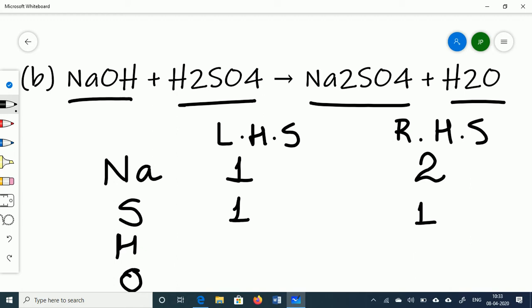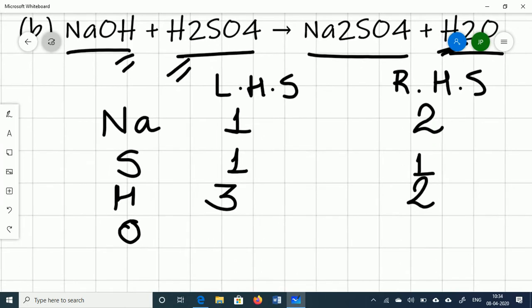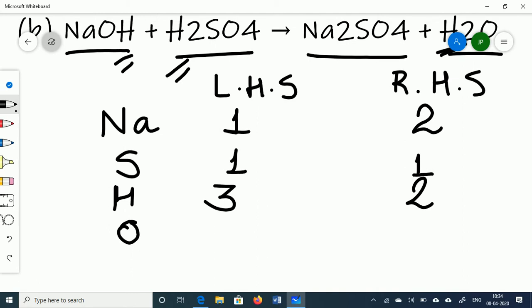Hydrogen on the left hand side is 1 plus 2, that is 3, while on the right hand side it is only 2. Oxygen on the left hand side is 1 plus 4, that is 5, while on the right hand side oxygen is 4 plus 1, also 5.